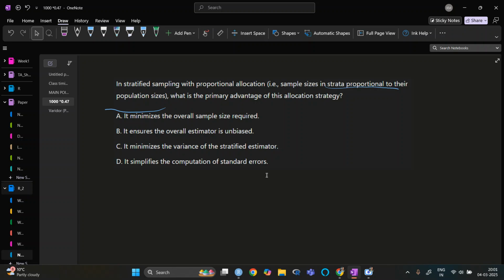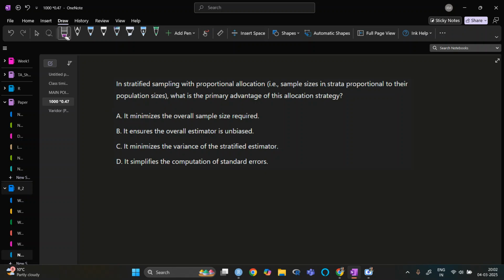The primary advantage of how we select strata is minimizing the variance of the stratified estimator. The overall sample size is not always reduced, and for the overall estimator being unbiased, we already know how to find an unbiased estimator of a stratum. For the computation of standard error, there is nothing to simplify.